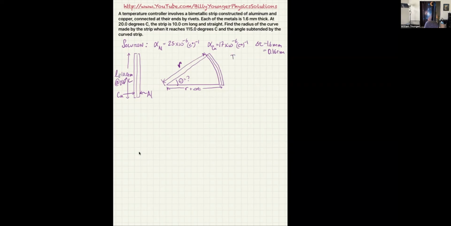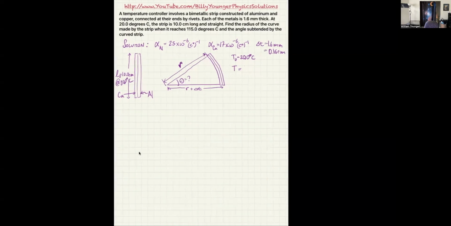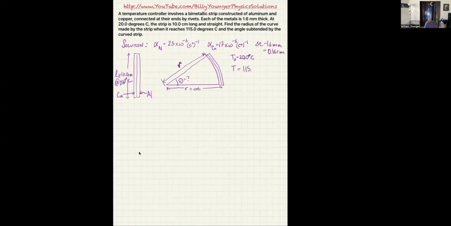We have T, the initial temperature, being 20.0 degrees Celsius. And we have the final temperature being 115 degrees Celsius, like that. So, how are we going to do this?